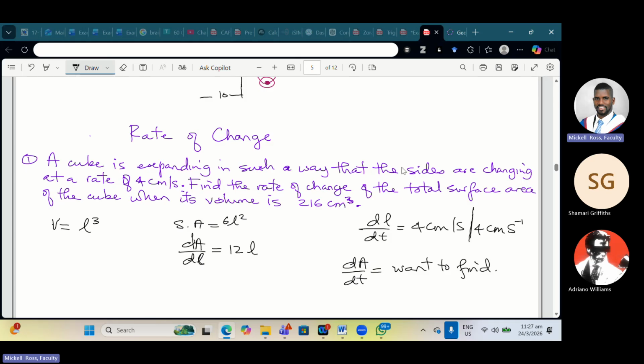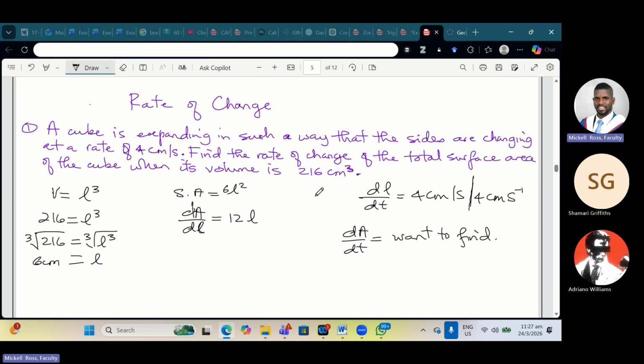Bear in mind that they told us that the volume is 216. So 216 is equal to L cubed. So that means if we want to know the length, it's going to be the cube root of 216 equal to the cube root of L cubed. So that means the length is going to be equal to 6 centimeters. All right.